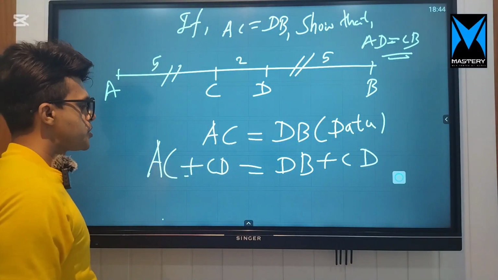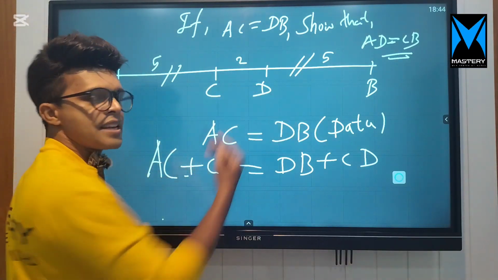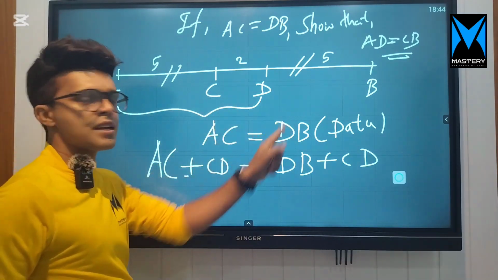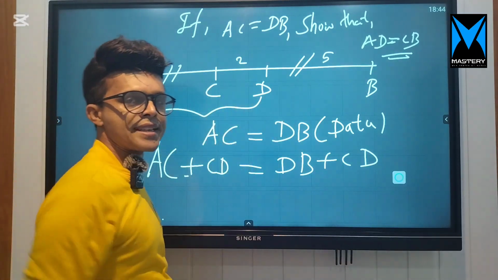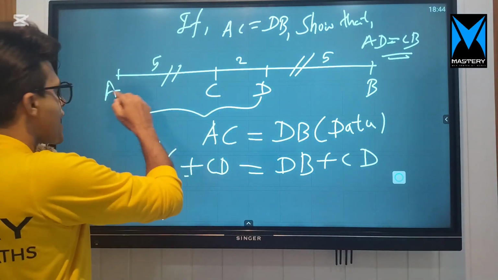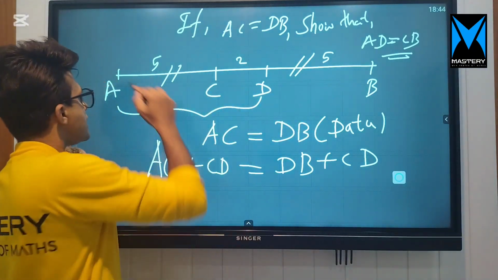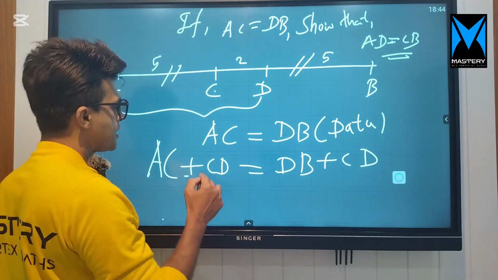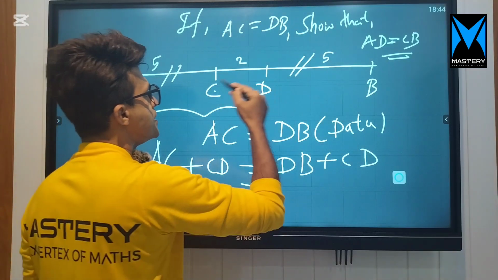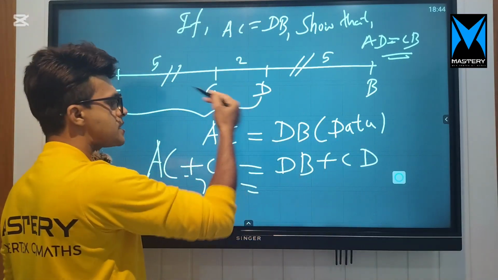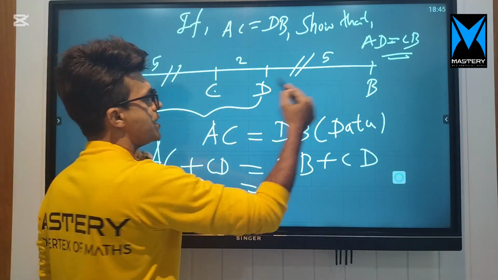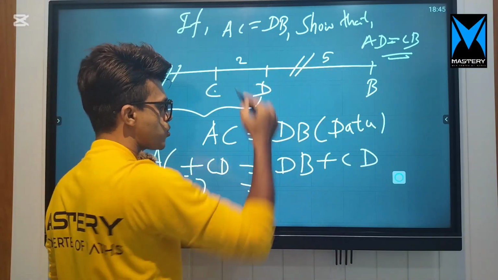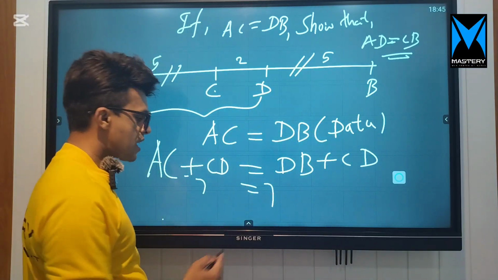Now, AC plus CD is 5 plus 2, that is 7. DB plus CD, I mean 5 plus 2 is 7. So both sides are equal.